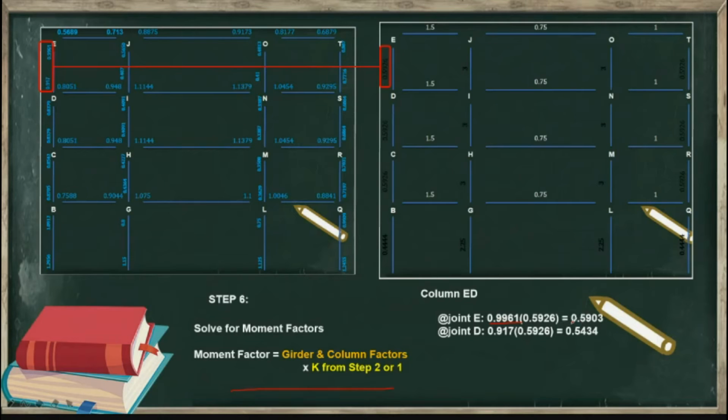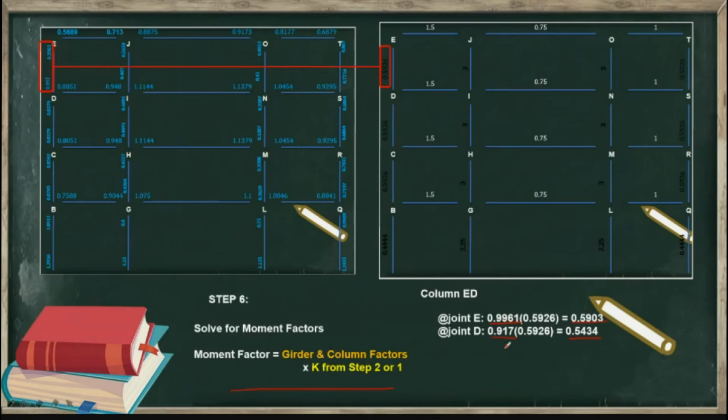So, we will get 0.5903 na panibagong value natin dito kay joint E. So, kay joint D, 0.917, again, multiply kay 0.5926, we will get 0.5434. So, yan yung sa mga column. Lahat yan gagawin natin. So, for next example, kunwari, dito sa joint J natin, itong 0.5650, i-multiply natin kay 3. Ganon din itong si 0.487, i-multiply natin kay 3 din.